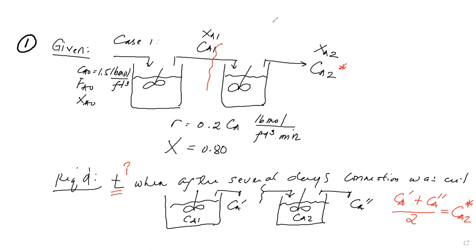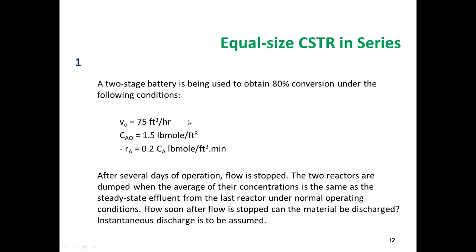So I'll go back to the slide. Okay, a two-stage battery is being used to obtain 80% conversion under the following conditions.